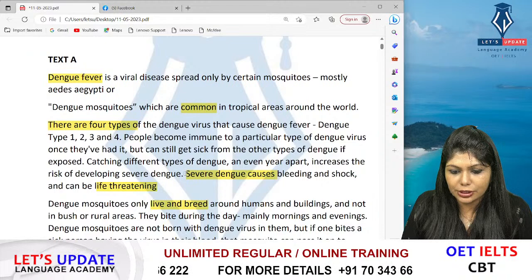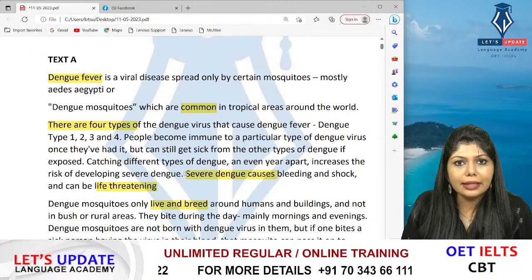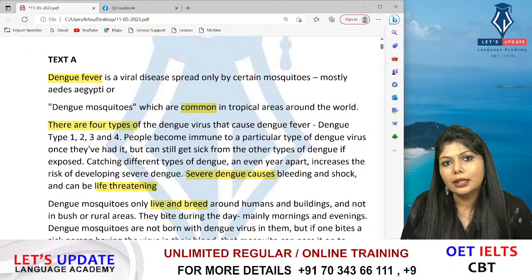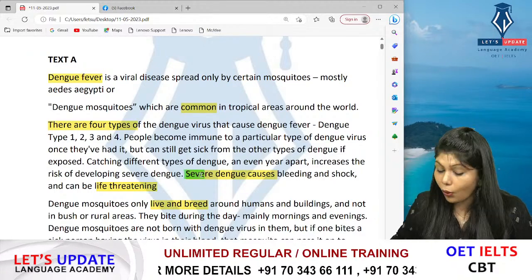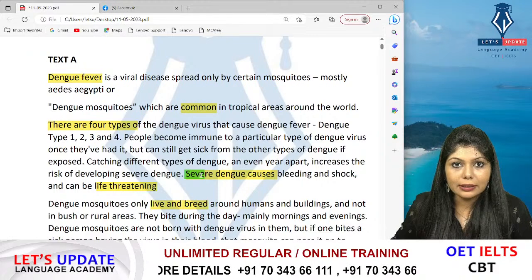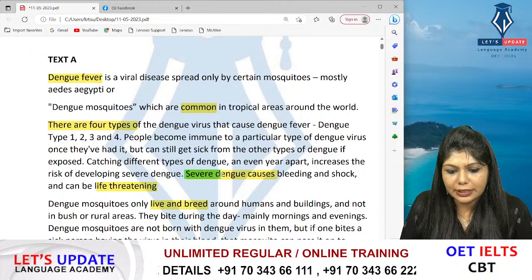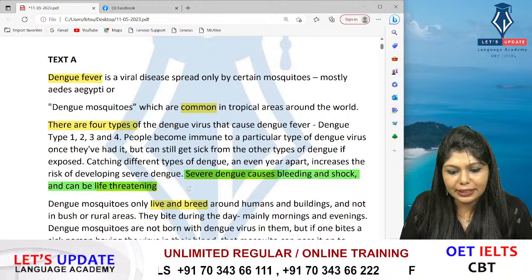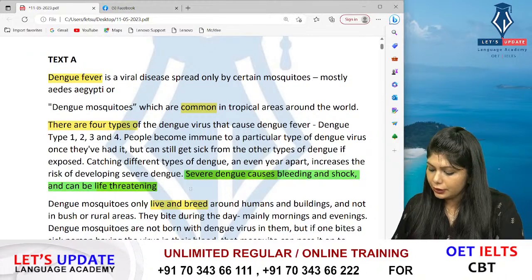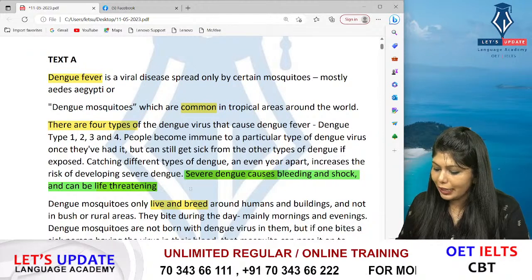Look at this information. Lethal means life threatening, deadly, dangerous. So the question was what takes place in the lethal cases. Look at the sentence. Severe dengue causes bleeding and shock. So what should the answer be?